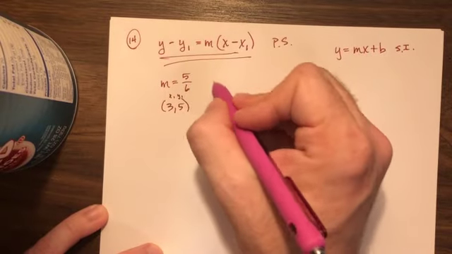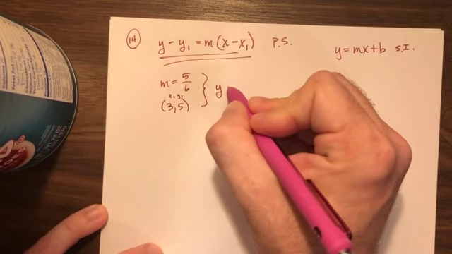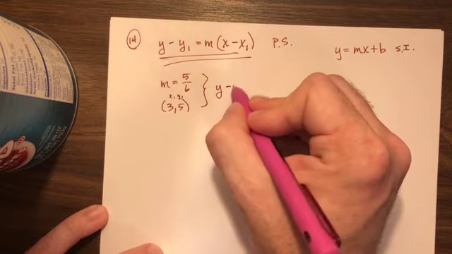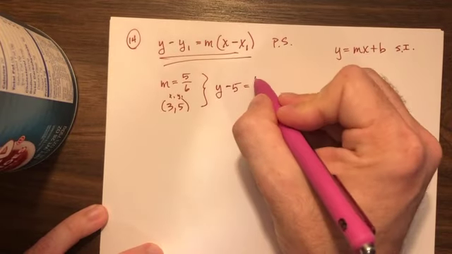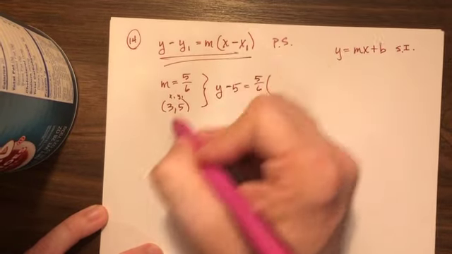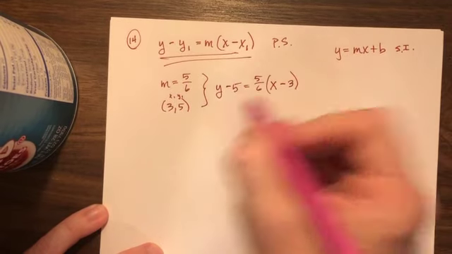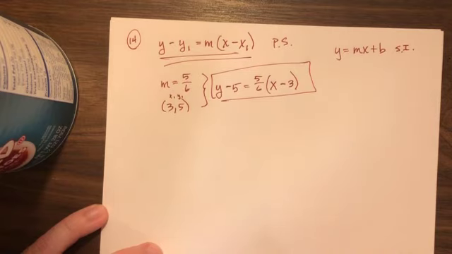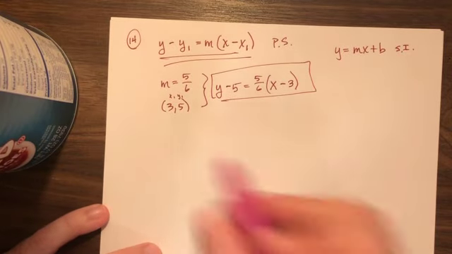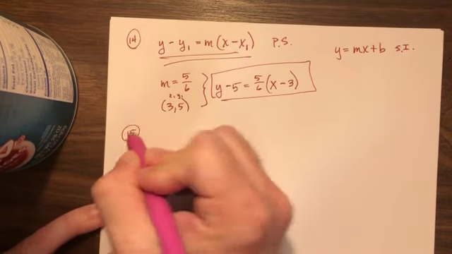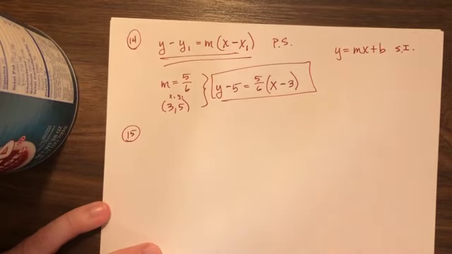So when we use this formula, we're just going to plug in numbers for these letters. y1 is 5. Slope is 5/6. x minus x1 is 3. And you're done. That's all I want. Point-slope form. Nice, huh? That wasn't nearly as work intensive as you thought it might have been.